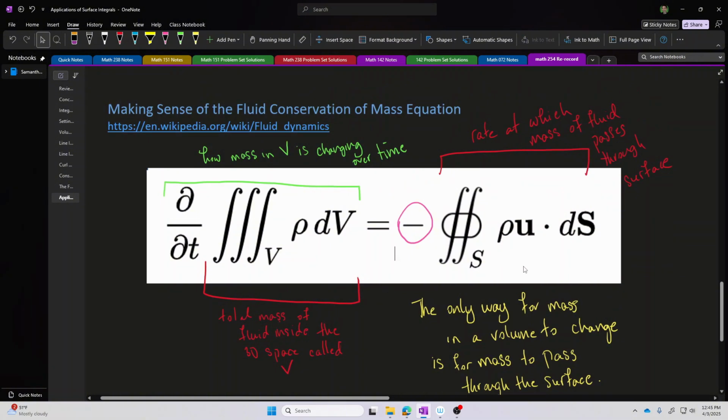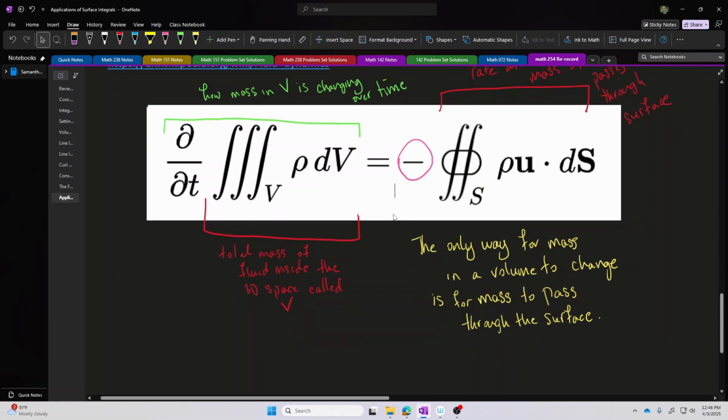However, outward flow would cause the mass inside the region to decrease, which would make this derivative negative because derivatives are negative when the quantity is decreasing. So in order to make the signs match up, where the surface integral outputs positive values when you flow out through the surface, but this partial derivative is negative when you lose mass through the surface, that's what this negative sign is here to do, to make the two signs match up with one another.